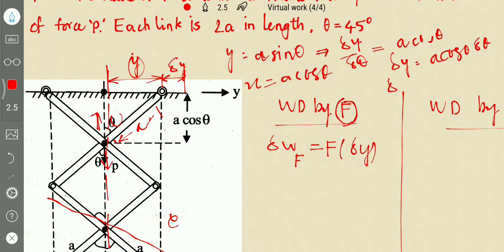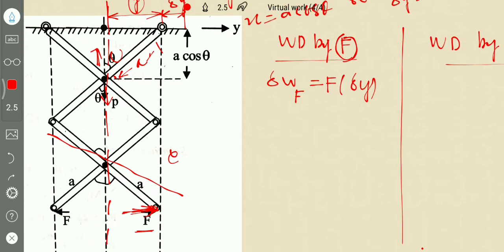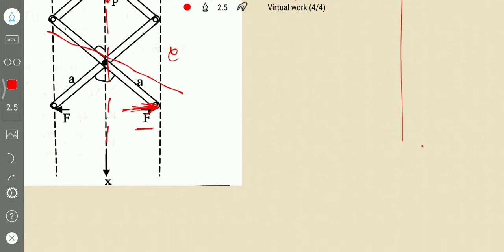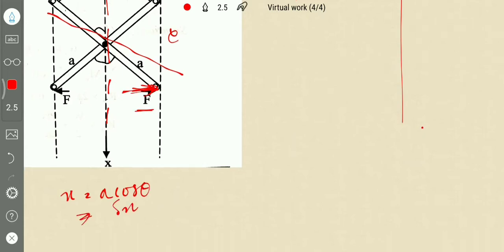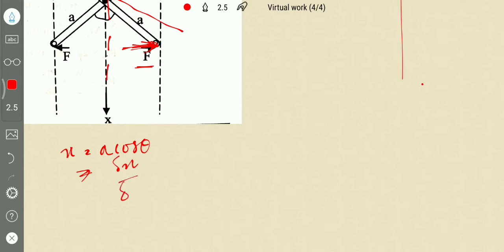Similarly, delta x: x is a cos theta, which means del x by del theta is equal to a, which is constant, and differentiation of cos theta is minus sine theta.